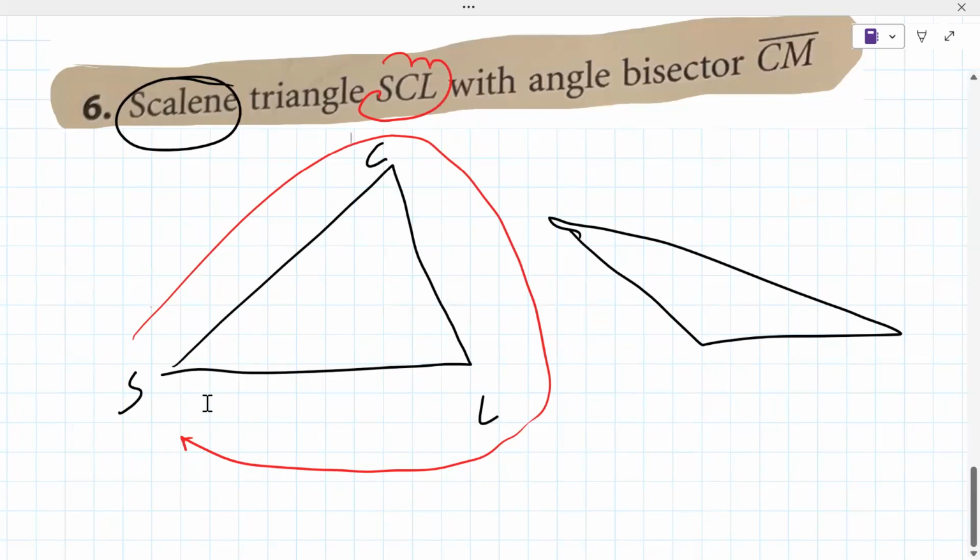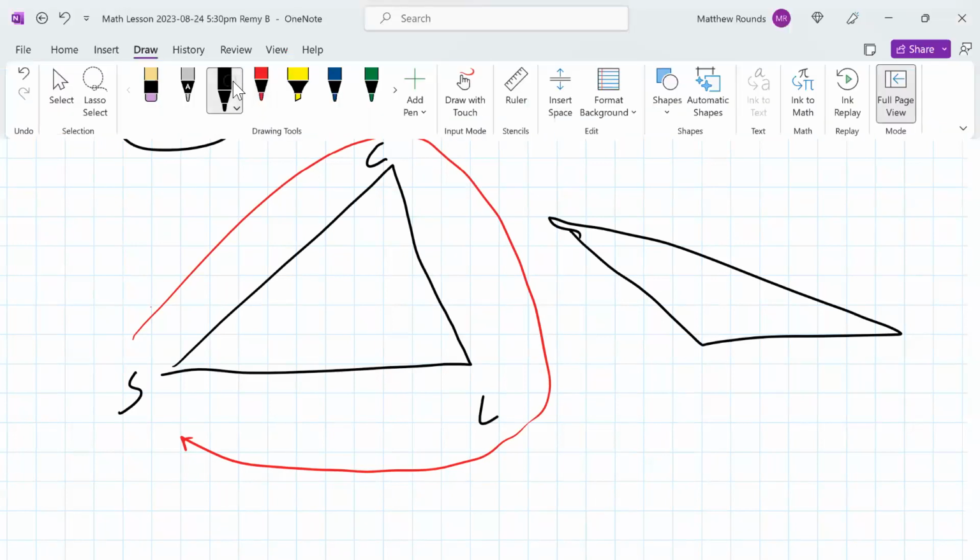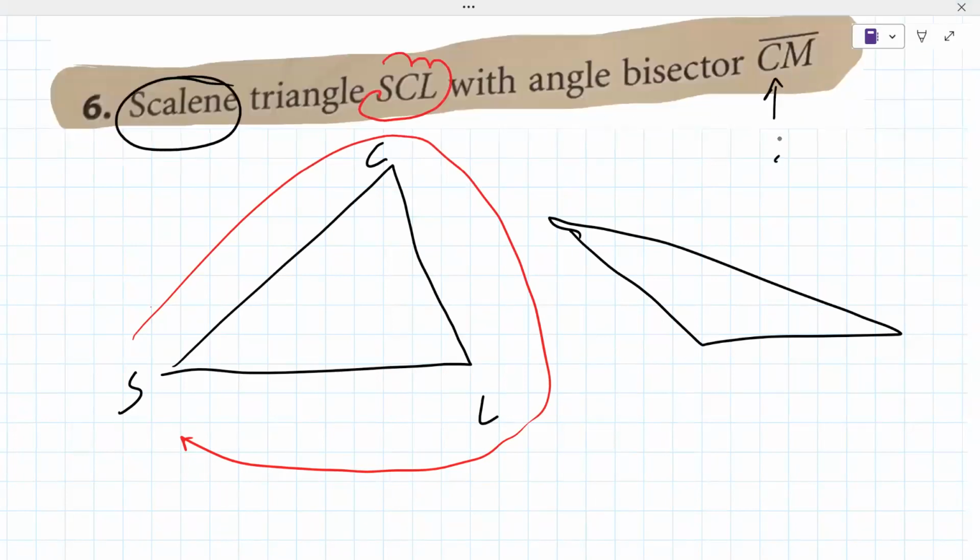Now, angle bisector CM, it's telling you it starts at C, and M has to be on the opposite side, the only place it can go where it connects on the triangle without curving.